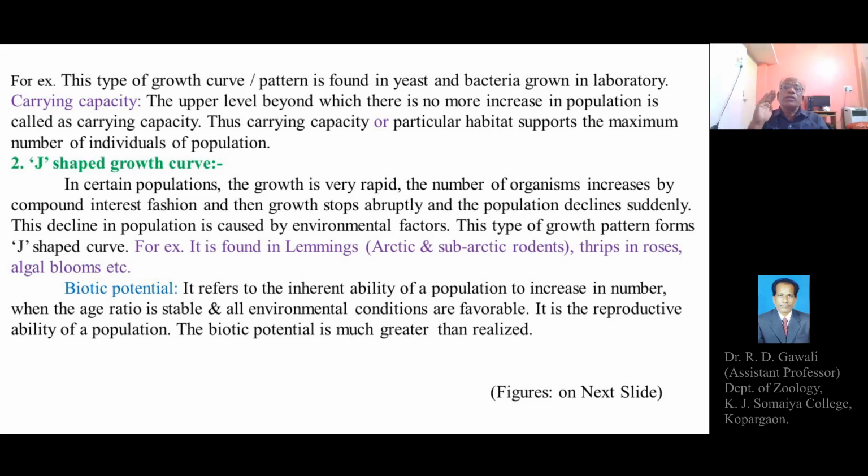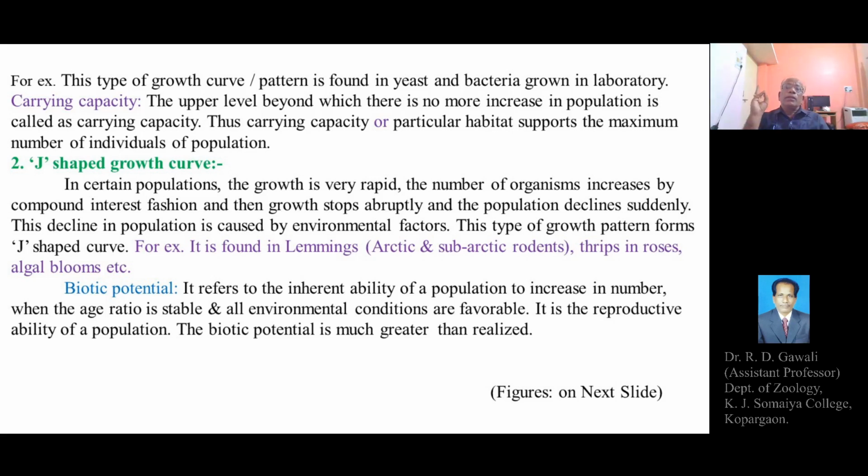When the age ratio is stable, it means the individuals in the young or reproductive stage are stable in number, and the male to female ratio of organisms capable of reproduction is stable, males and females with reproductive ability, and all environmental conditions are favorable.